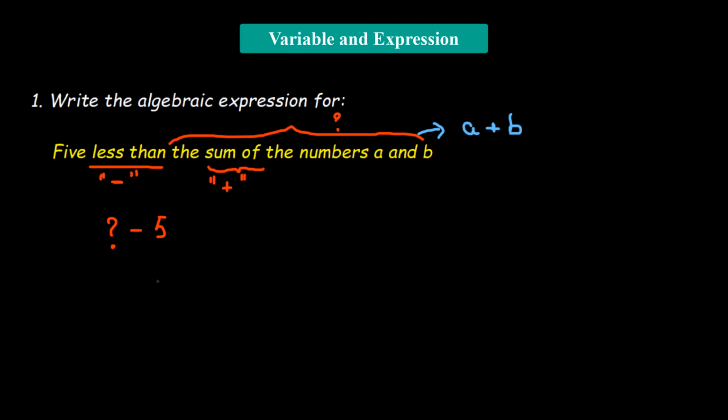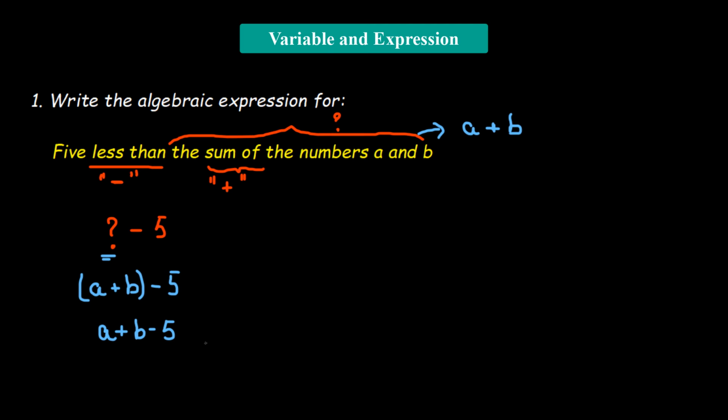Now we can finally substitute the question mark here with a plus b. So our expression now becomes the something, which is the sum of a and b, and we are subtracting from this particular sum the value 5. So our algebraic expression becomes a plus b minus 5.